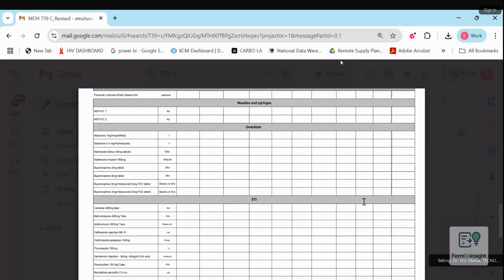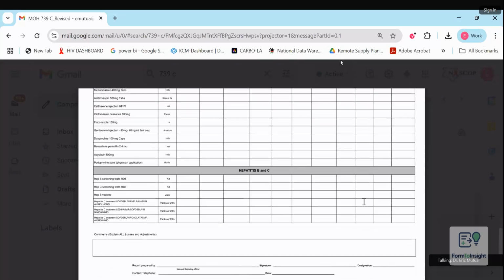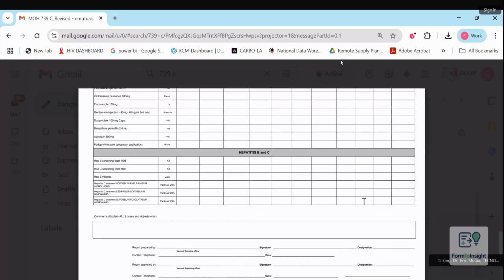And then we have the STI commodities. We have listed them there. And then we have the hepatitis, that is B and C. We have the screening test kits, and we have the treatment. Again, we will amend or revise this to reflect the current hepatitis C treatment, which will be sofosbuvir, daclatasvir. That is what we shall be having moving forward. The other two are no longer being procured.